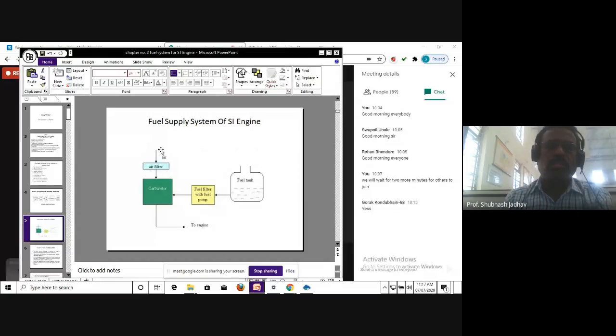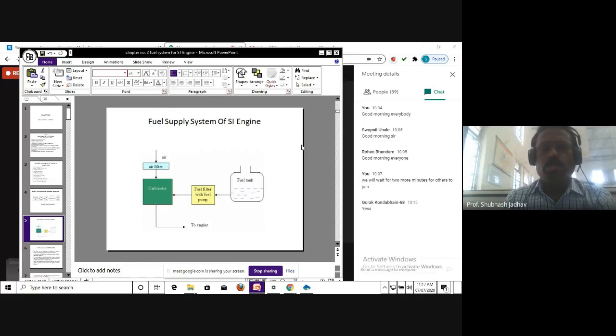So here it is shown, air is coming in. Okay, air is filtered, and filtered air is going to the carburetor. On the other side we have a tank, the fuel is being filtered, and the fuel is also going to the carburetor. Okay, and this carburetor is preparing the air fuel mixture, and the mixture is going to the engine.